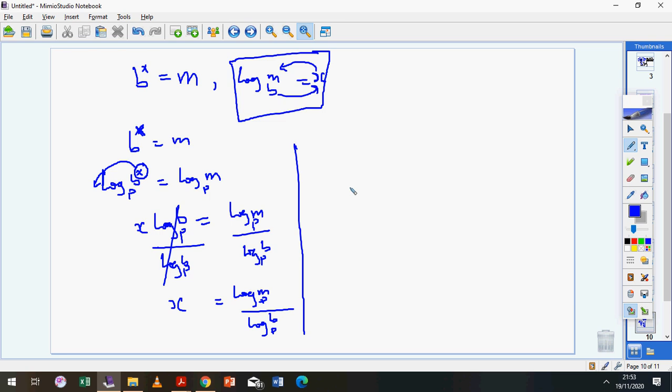So I'll substitute for x and I'll end up with logarithm base b of m is equal to logarithm of m base p divided by logarithm of b base p. And I urge you to try this out on your calculator.